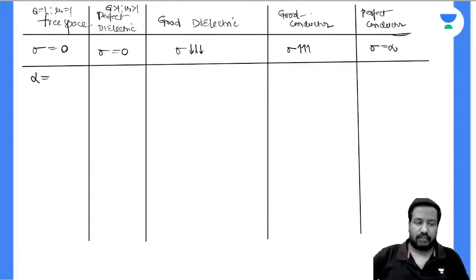In free space, no conductivity, alpha is 0, no attenuation.